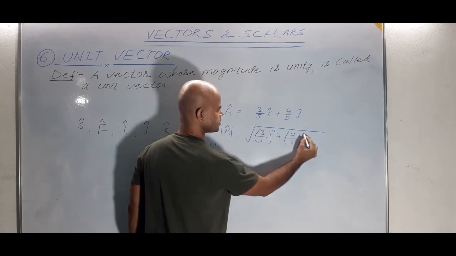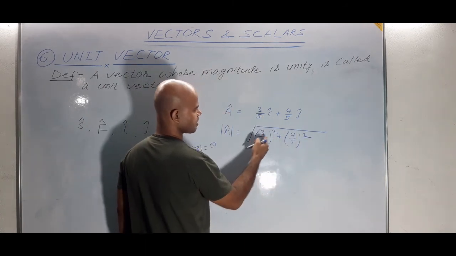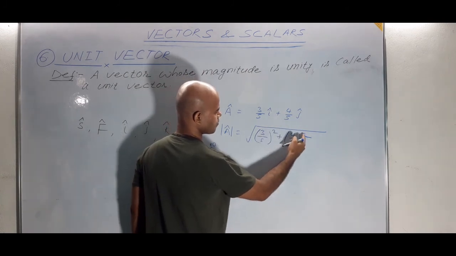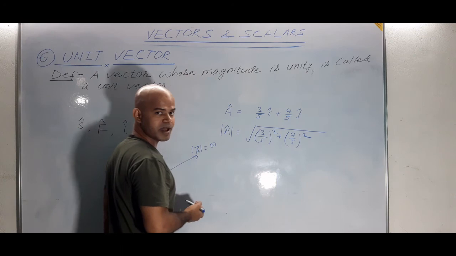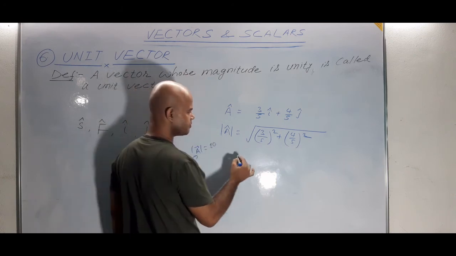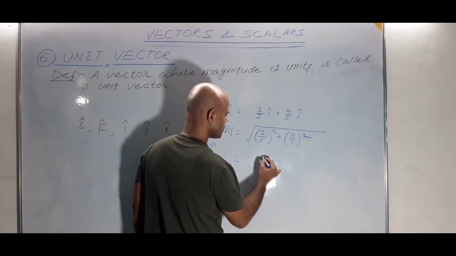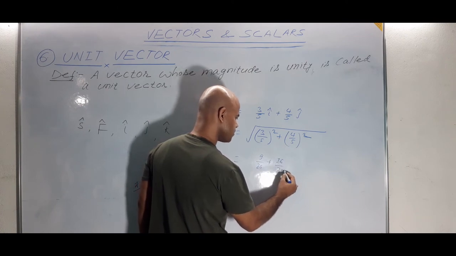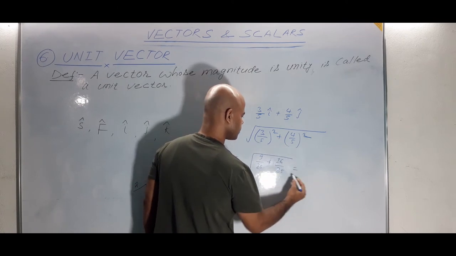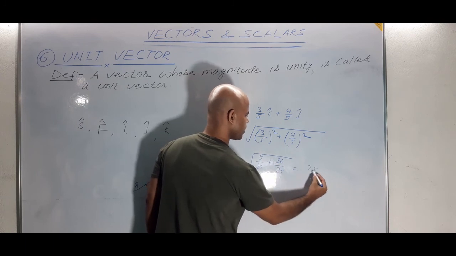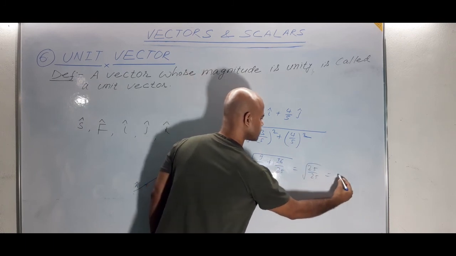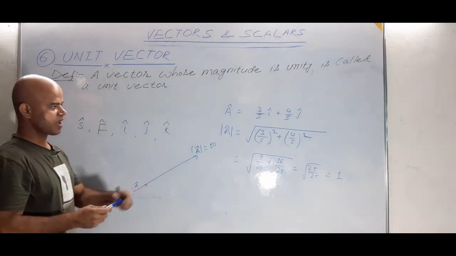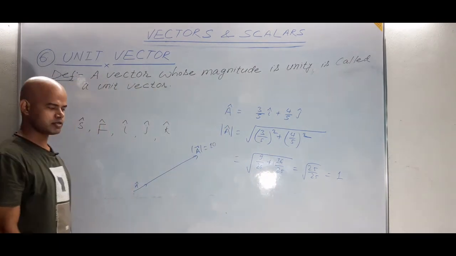X component is 3 by 5, y component is 4 by 5. X component square, y component square, root of that will give its magnitude. This we already know from the previous lectures. So what do you get? 9 by 25 plus 16 by 25, root of this. So you get 16 plus 9, 25 by 25, root of this is equal to 1 unit. So this is an example of a unit vector. Its magnitude is unity, right?